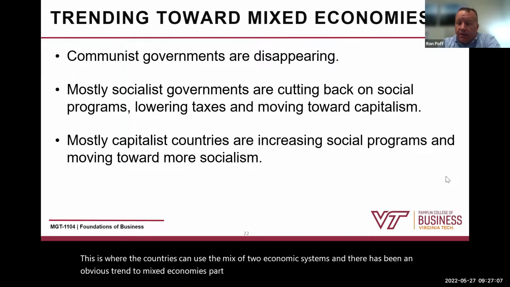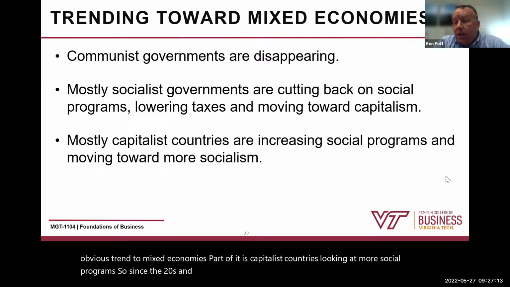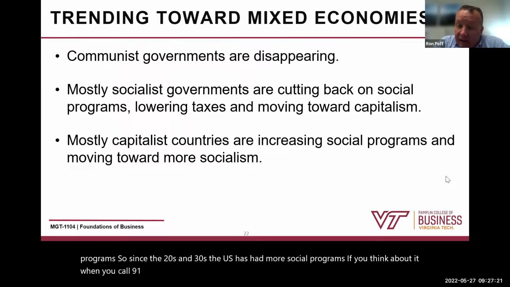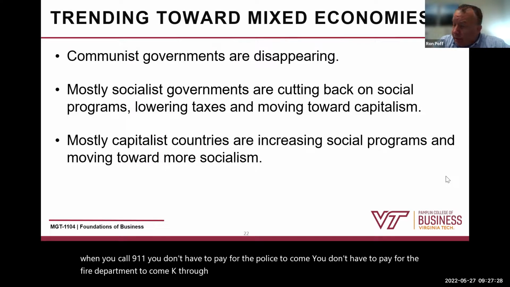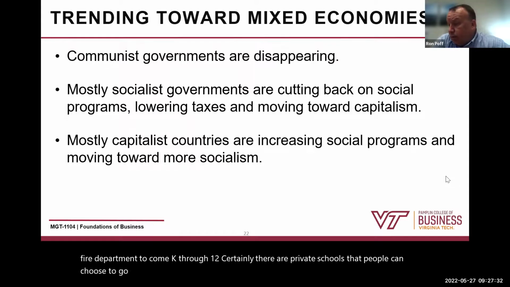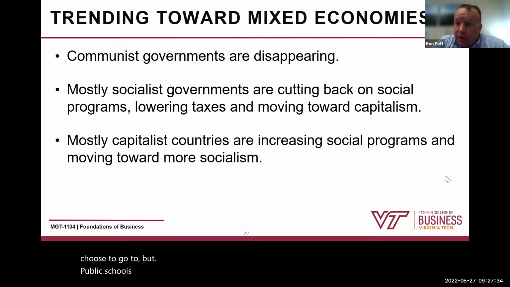And there has been an obvious trend to mixed economies. Part of it is capitalist countries looking at more social programs. Since the 20s and 30s, the U.S. has had more social programs. If you think about it, when you call 911, you don't have to pay for the police to come. You don't have to pay for the fire department to come. K through 12, certainly there are private schools that people can choose, but public schools are either free or low cost.